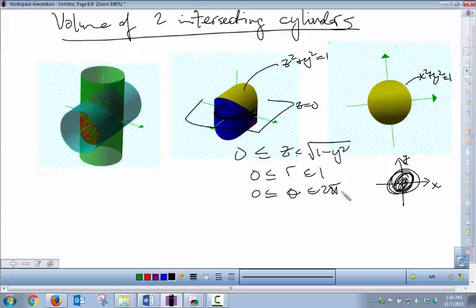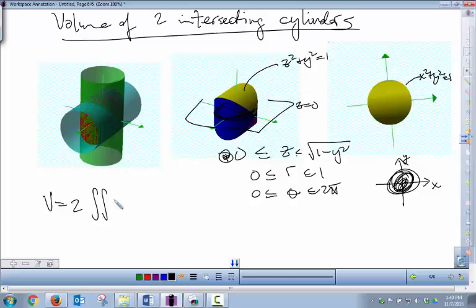And then, like we said, because we're going from 0 to the top part of this solid, we're really just looking at doubling it. So our actual volume is going to be twice as much as what we're going to compute. And remember that our integrand is going to be 1.